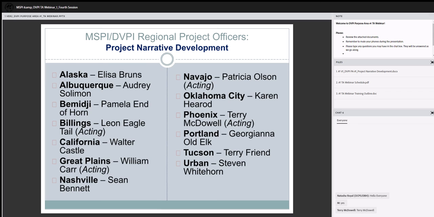You'll notice that some of them say acting behind their names, and those positions are being held until they hire someone. And when they hire a new person, they'll get updated on what's going on. So you may at some point be contacted by someone who is not your project officer, now introducing them to you as their project officer. So if there's an acting next to the name of the person in your area, you can expect that to happen.